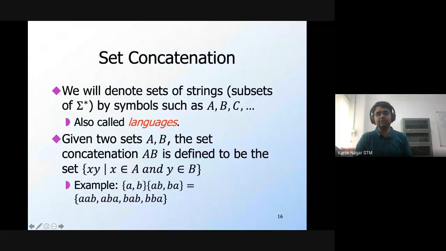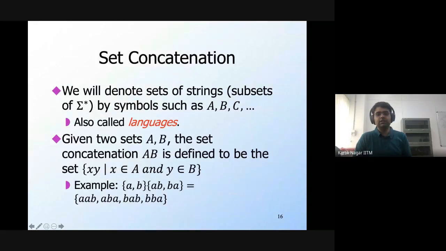We denoted the set of all possible strings that you can generate using an alphabet by sigma star. So sigma is the alphabet, and sigma star is the set of all strings that can be generated. Subsets of sigma star, which will be sets of strings, are called languages. The main problem is to determine, if you're given an arbitrary string, whether or not it belongs to the language.